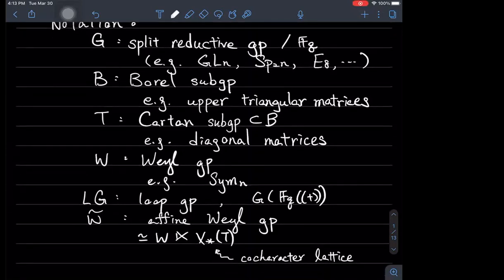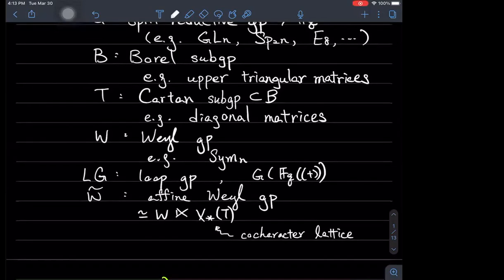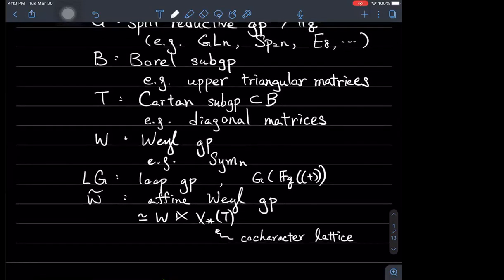And W denotes the Weyl group, which is the symmetric group for GL_n. And LG stands for the loop group. Its F_q point is just the Laurent series point of G. So in the GL_n case, it's just n by n matrices, but the entries are Laurent series.